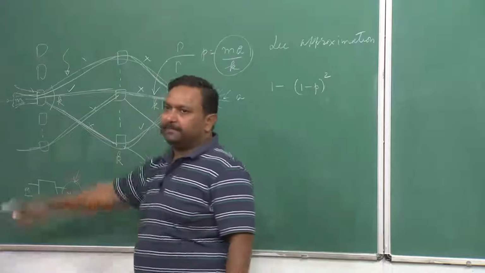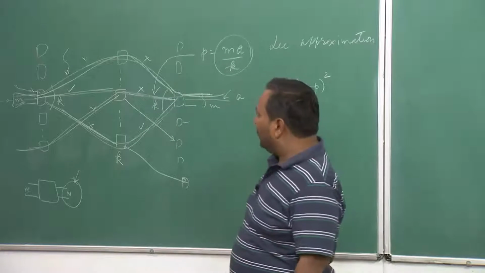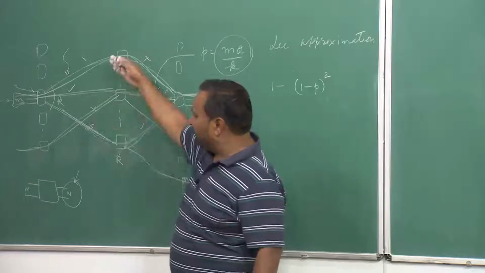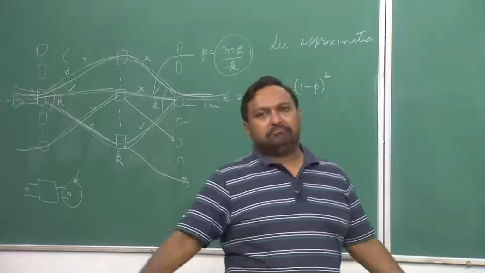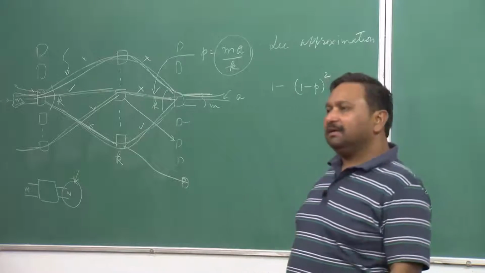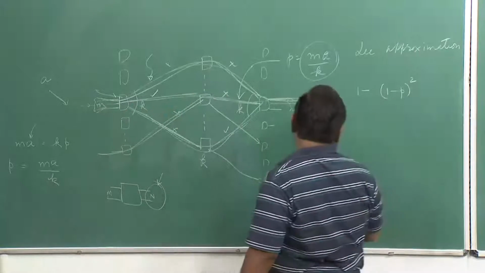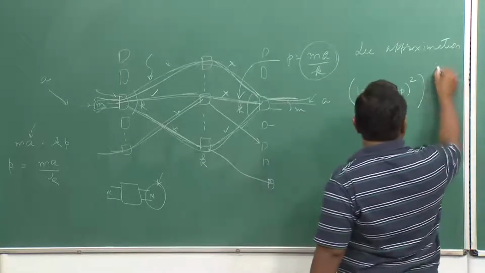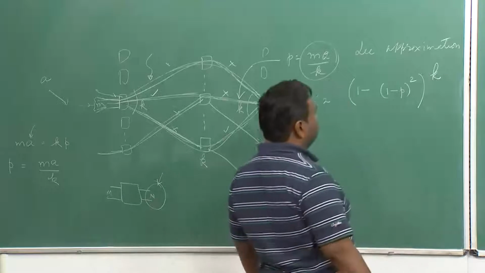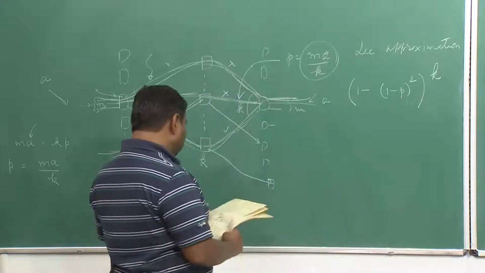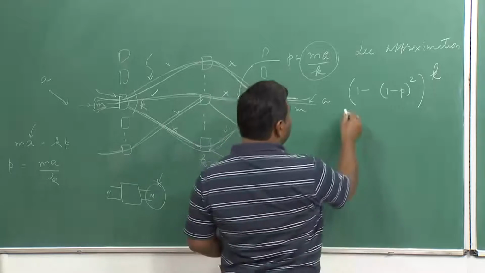So this is the probability that this path is busy. Now, if all k possible paths are occupied, then you cannot set up the communication between this free input and free output port. That is what gives you the probability of blocking.